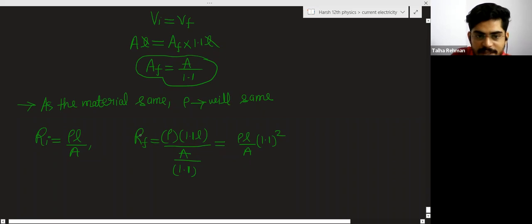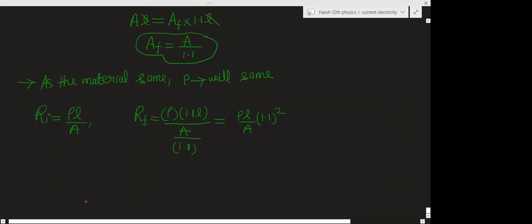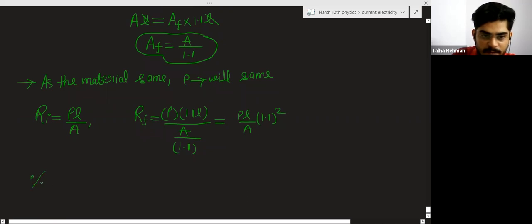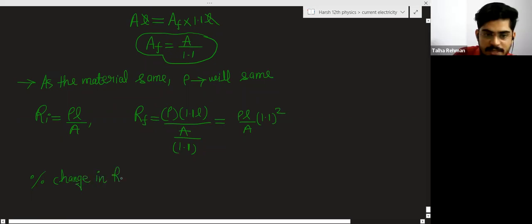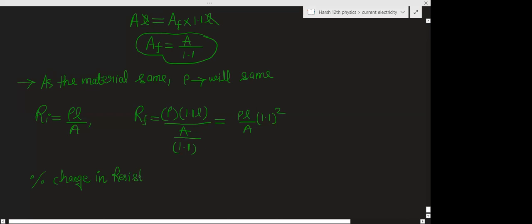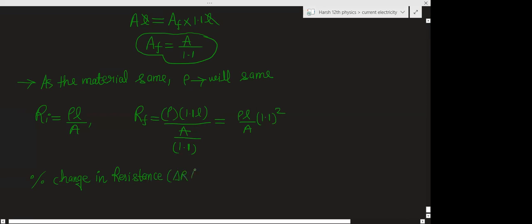So you have R initial, you have R final. You can now calculate the percentage change in the resistance. Percentage change in resistance is known as delta R percent.